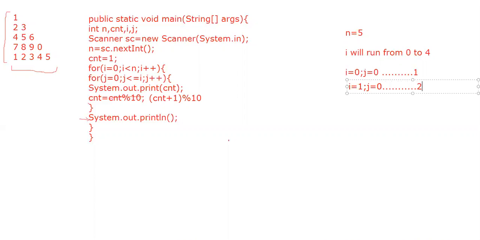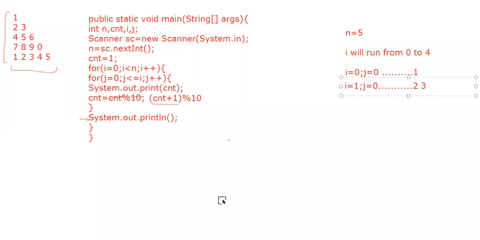And then after j equal to 0, j will be equal to 1, because if we increment j to 1 also, there is no problem, because j remains less than equal to I. So when j increments by 1, CNT will be 3. Why? We have incremented the CNT here by 1. So I hope things are clear till this point, and in this way we will progress.